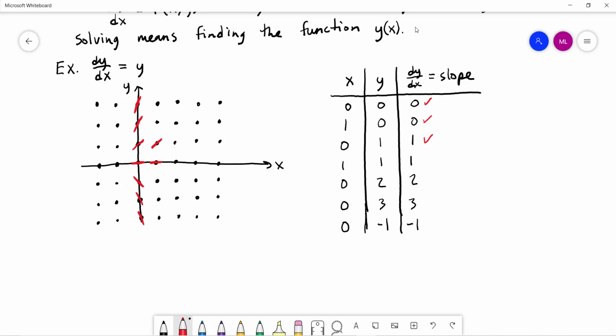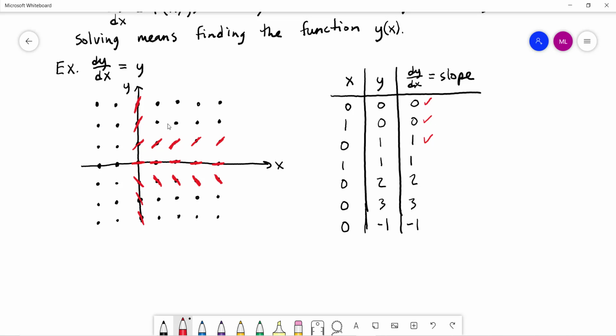So we can kind of go through this and fill in the rest of these point by point by point. And again, I'm filling these in. I know all of these because, again, the slope I'm picking only depends on the y coordinate, the y value. So all of these ones with the y coordinate of +1 are going to have a slope of +1.